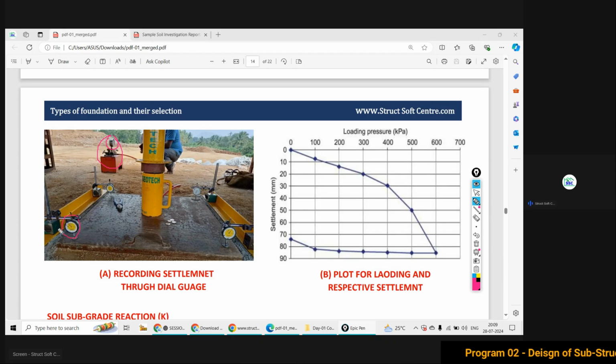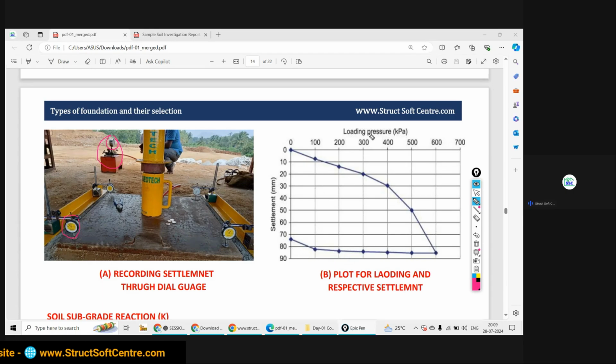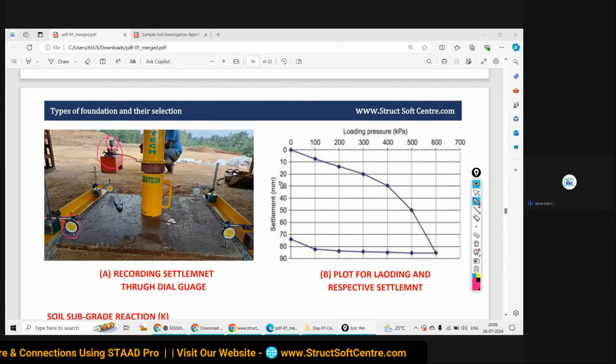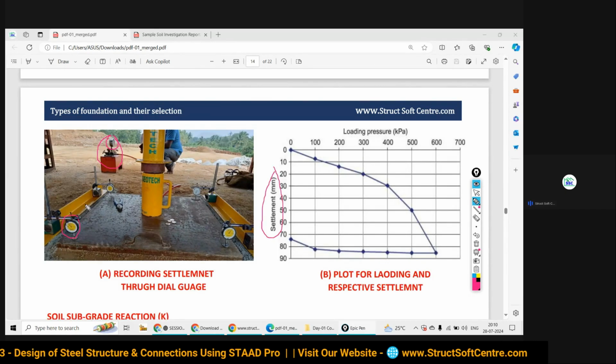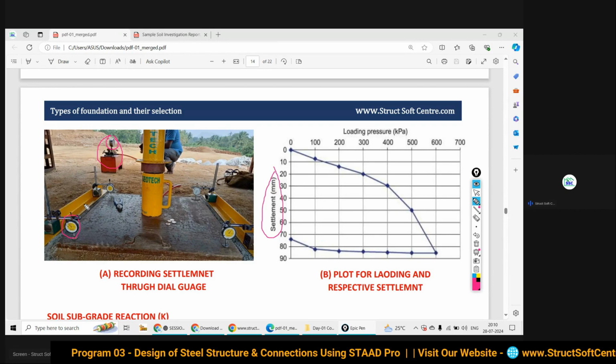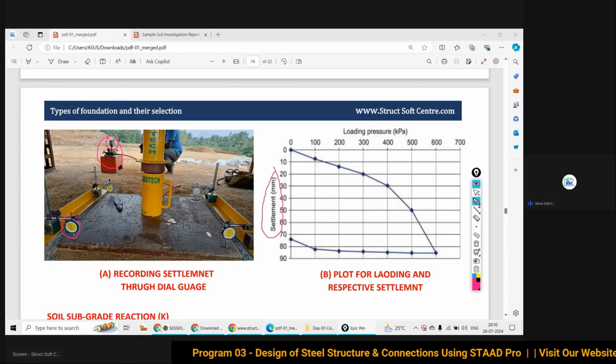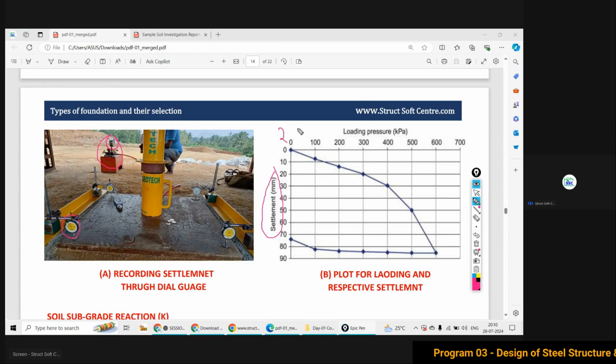Against these two we are going to plot a graph, loading or pressure versus settlement. To what extent do we apply the pressure? Normally we do this testing up to a maximum of 25 mm settlement.